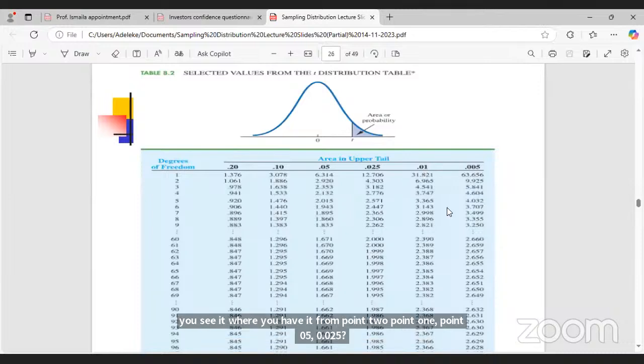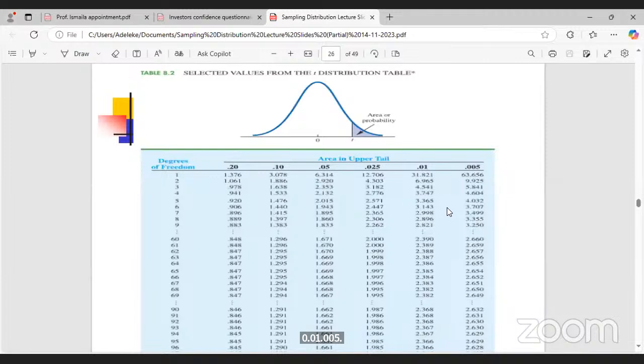For you to check the table, you'll be given the value of the degrees of freedom and the corresponding value of the level of significance. The level of significance is known as alpha. That alpha will be given. All you need to do is to bring out the values from the table.